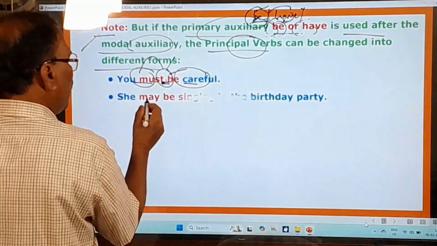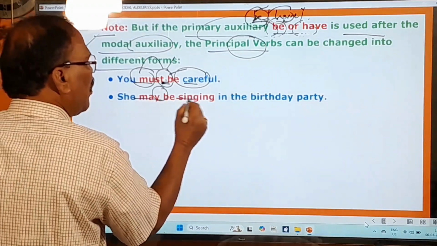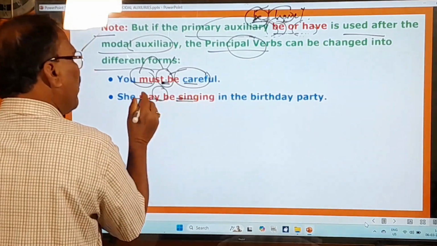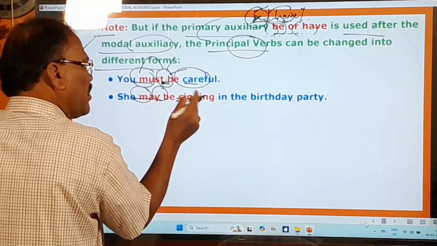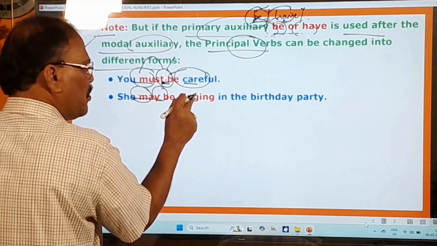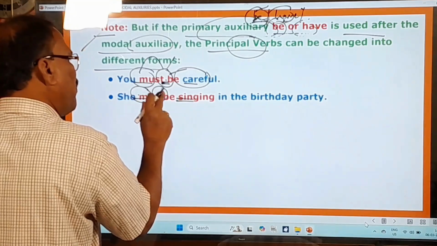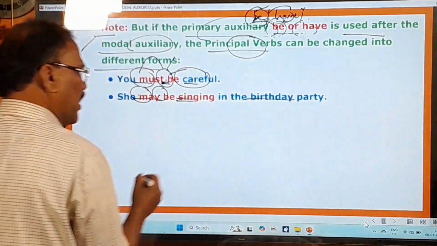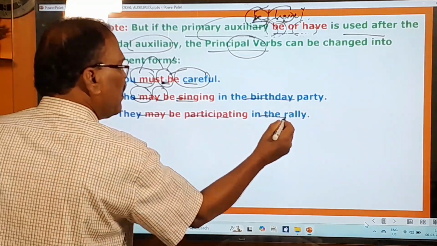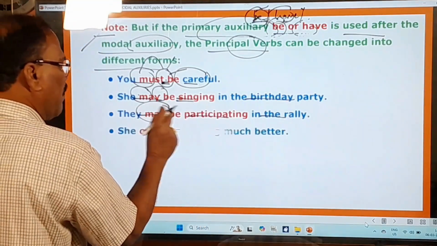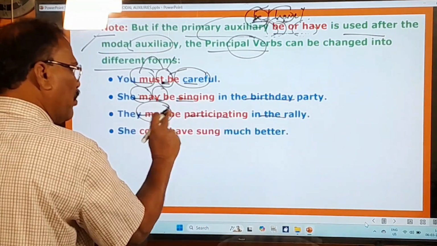And here you pay attention. She may be, after be you are using the ing form verb. So whenever this primary auxiliary is followed by be, then this ing form verb is also used after this be. So she may be singing in the birthday party. Okay, it is correct. And they may be participating in the rally. So after may, be and ing form verb both are used here.